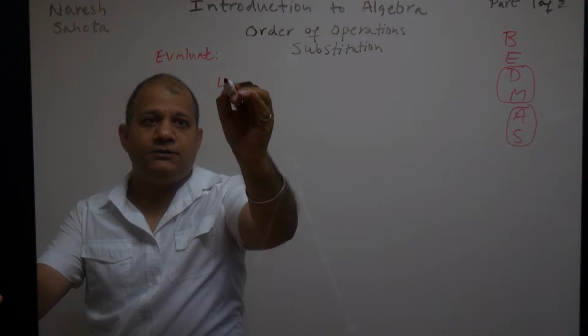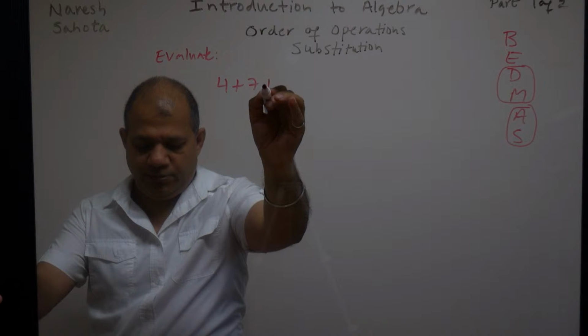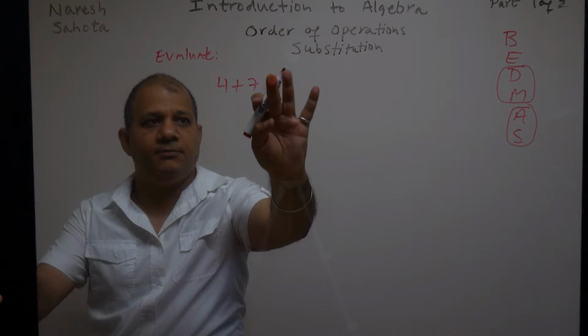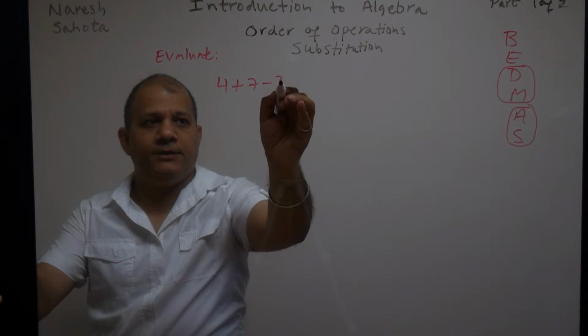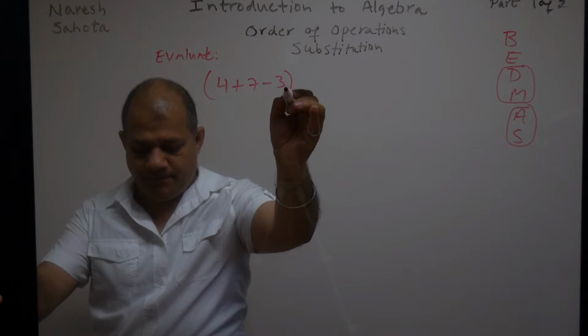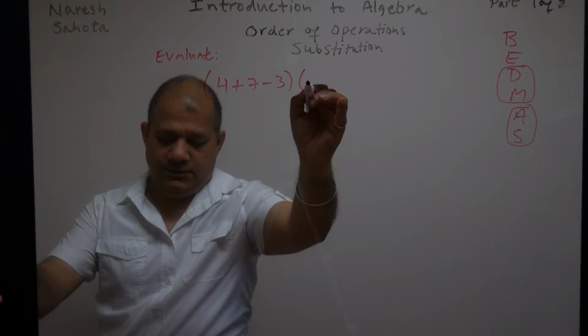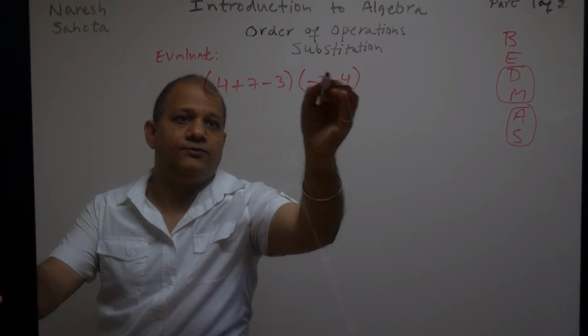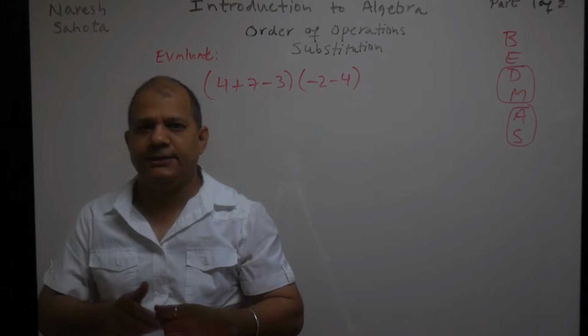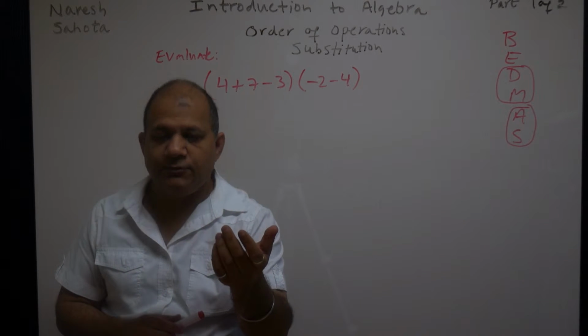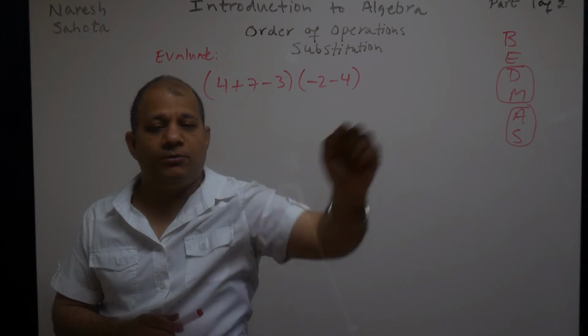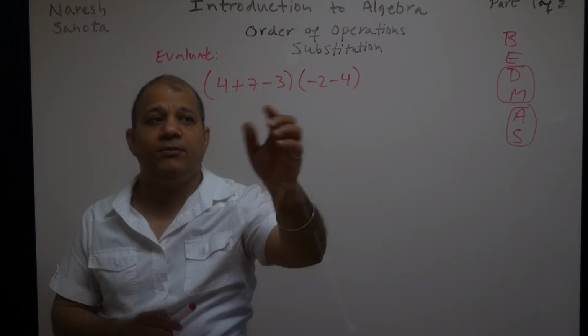So the first question is, let's say 4 plus 7 plus, actually let's make this minus 3 in brackets, times negative 2 minus 4. So how do we evaluate this? So the first thing we have to do is do the brackets. So we have two brackets being multiplied, right?